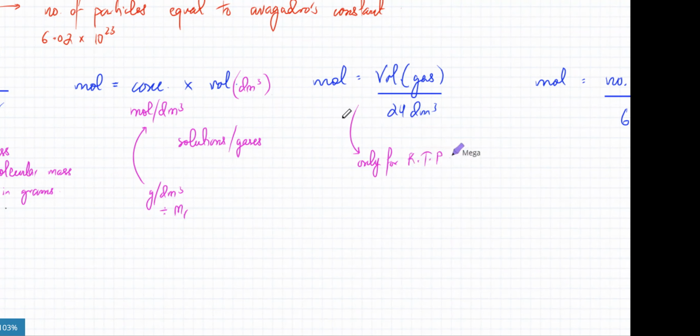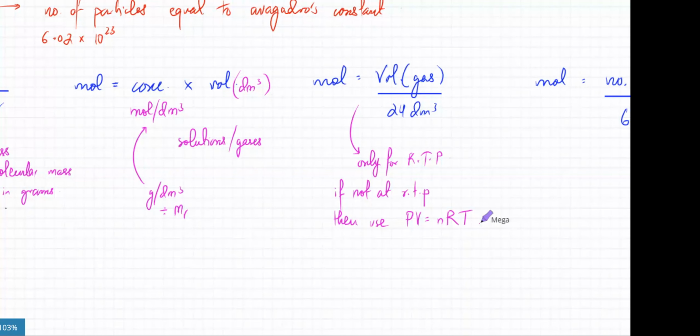And if the reaction is not at RTP, then you're going to use the ideal gas equation, PV is equal to nRT. So remember, this 24 dm cube thing is only true at RTP.